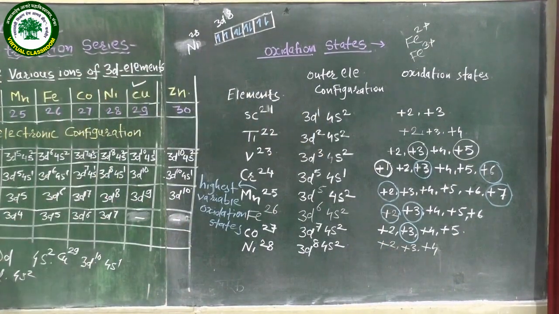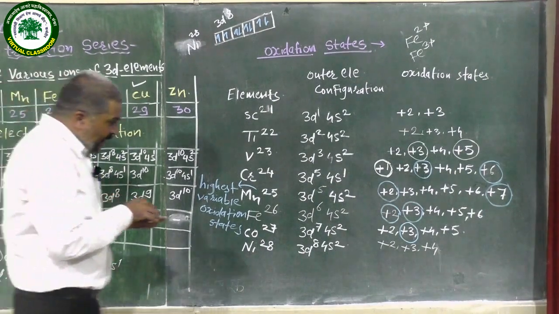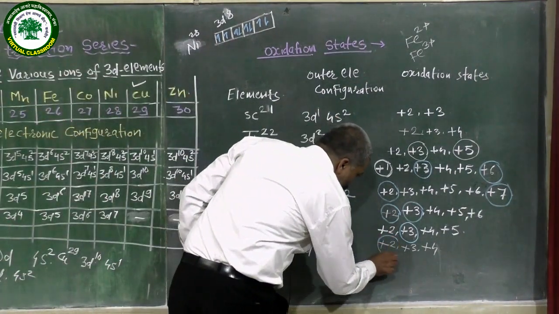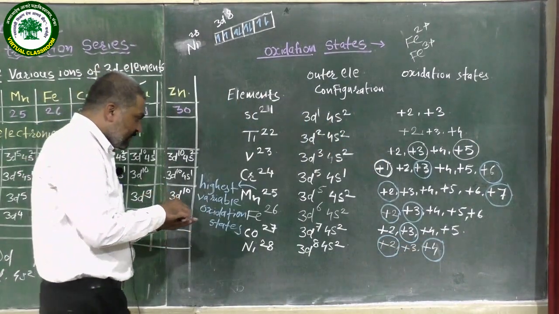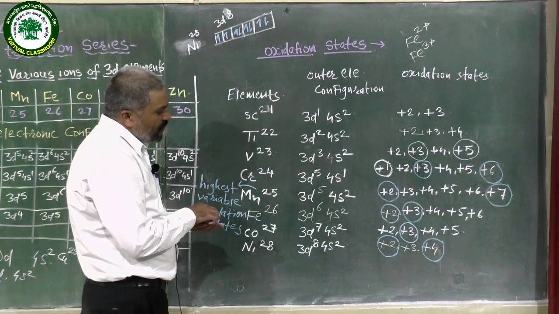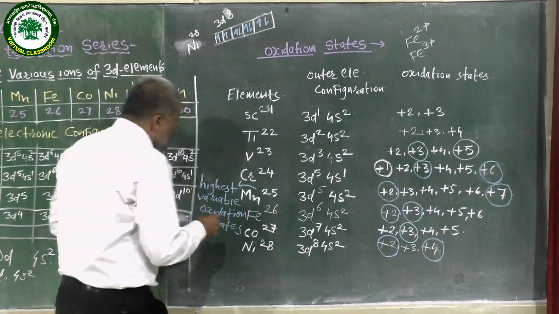In nickel, plus 2 and plus 4 are the common, most stable oxidation states.